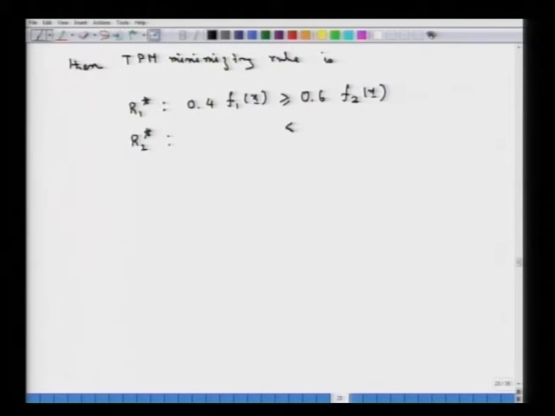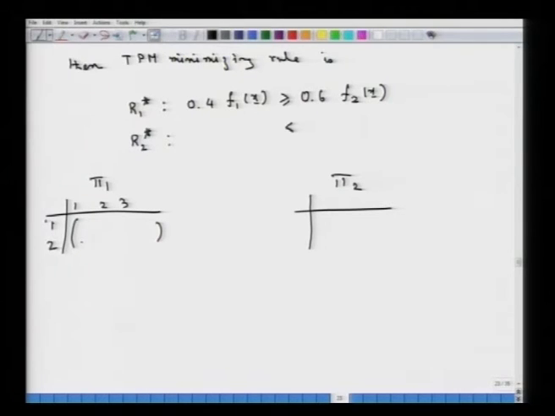Now, from the given table, we had a pi1 table which had these cell probabilities, and we had a pi2 table with once again those cell probabilities. If I remember correctly, that was 1 2 3 and 1 2 here, corresponding to the two possible variables x1 and x2. The same structure is here.